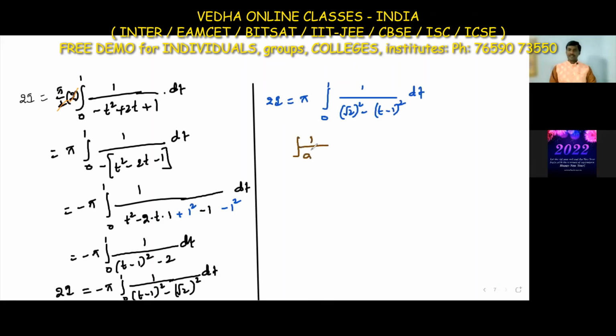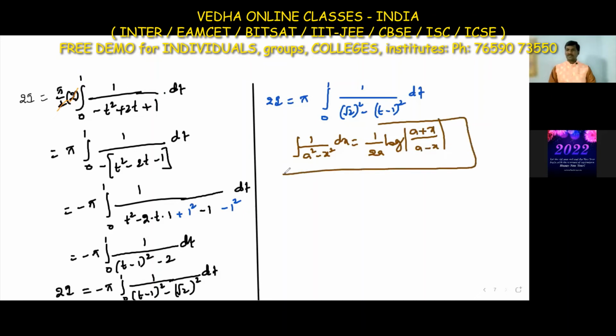The integral of 1 divided by (a square minus x square) dx is equal to 1 by 2a into log mod (a plus x) divided by (a minus x). This is the formula. Now I am applying this formula here. Pi as it is, I am writing.